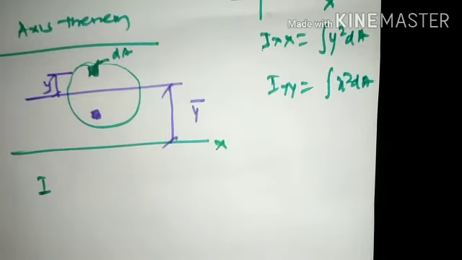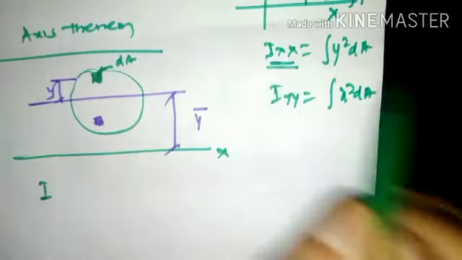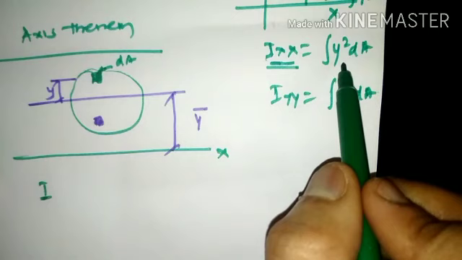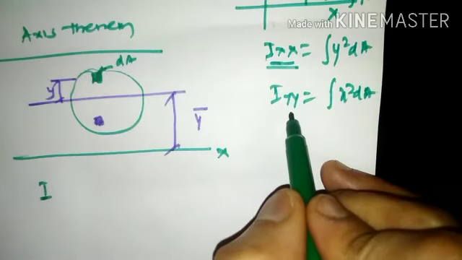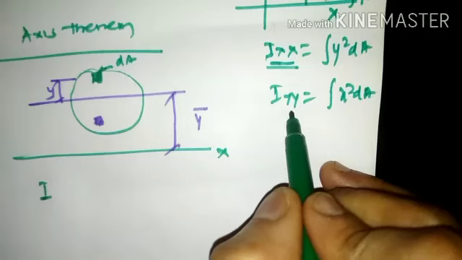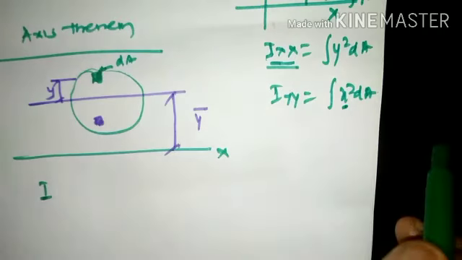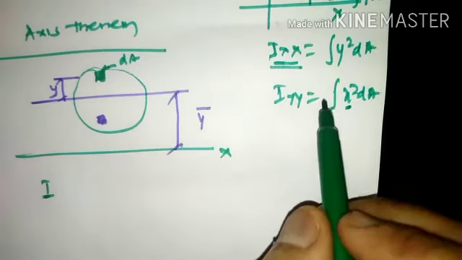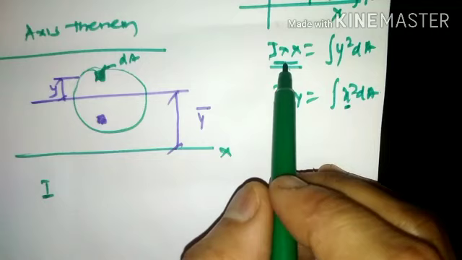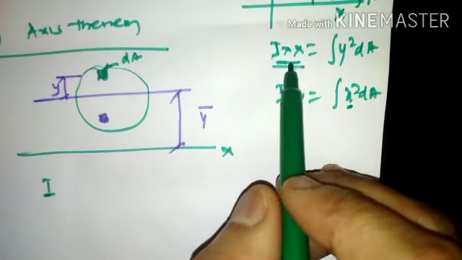So the point to be noted here is that when I want to calculate moment of inertia with respect to the x-axis, y will be the perpendicular distance that I shall multiply. Likewise, when I want to find the moment of inertia with respect to the y-axis, the x distance will be the perpendicular distance that I multiply. So these are nothing but perpendicular distances. That means for each and every axis, I need to find the perpendicular distance.